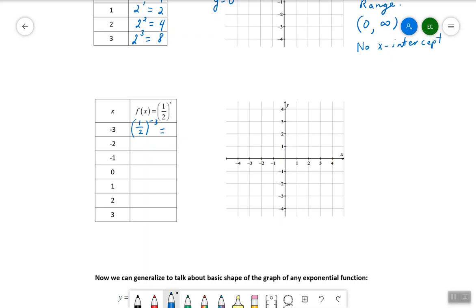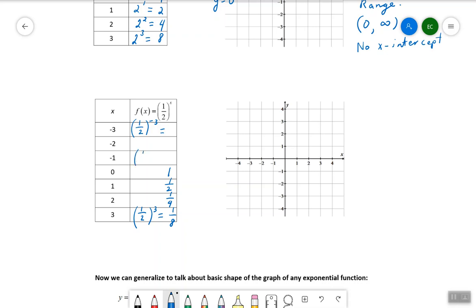Maybe we'll come back to that in a minute. Let's start at the bottom of the table again, and maybe we'll have an easier time. So 1/2 to the third is the same as 1/2 times 1/2 times 1/2, or 1/8. And then similarly, we'll get 1/4 and 1/2, and 1/2 to the 0 is just 1.